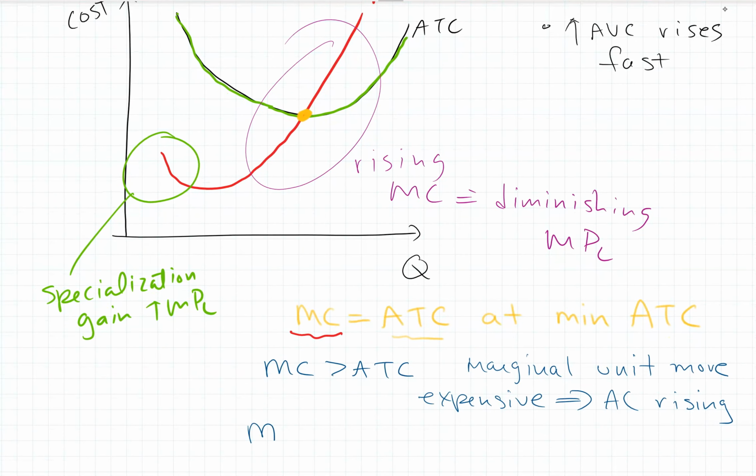And if our marginal cost is less than average total cost, like these ones down here that I've circled in yellow, in any of this area that I'm highlighting in yellow, then this means your marginal unit, the next one, is cheaper than your average. So your average is like $10, and this one costs you $5. So then your average is going to fall. Okay, so the average cost is falling.